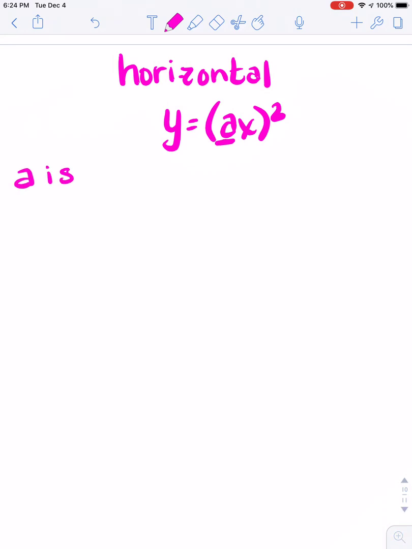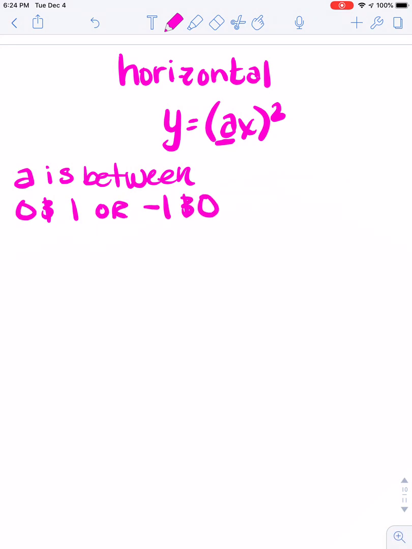So if A is between 0 and 1, or -1 and 0, then I know for horizontal, this is going to be a stretch.